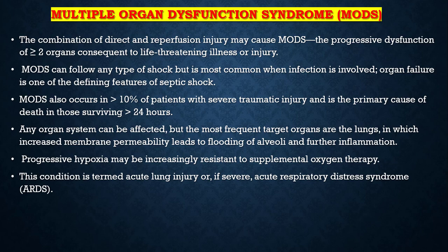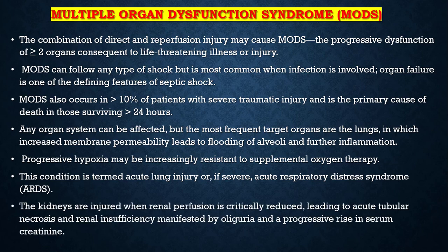This condition is termed acute lung injury or, if severe, acute respiratory distress syndrome (ARDS). The kidneys are injured when renal perfusion is critically reduced, leading to acute tubular necrosis and renal insufficiency manifested by oliguria and a progressive rise in serum creatinine.